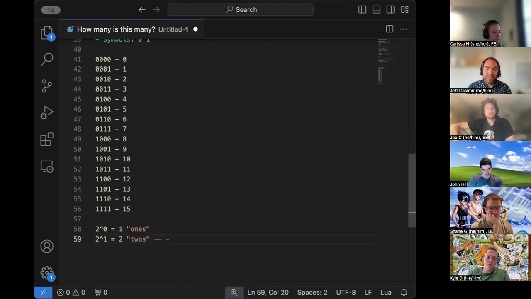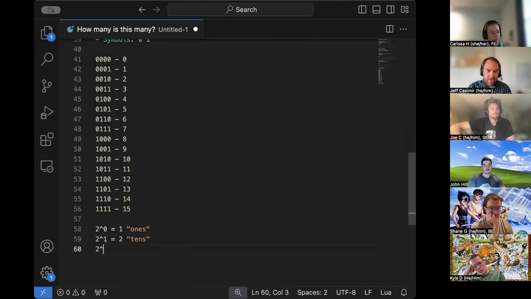But we ain't talking about decimal. The quantity of 2 to the power 1 in binary land is this many, which is why we would be led to say a twos place, but there's no concept of two in binary. So really, this is just a tens place.